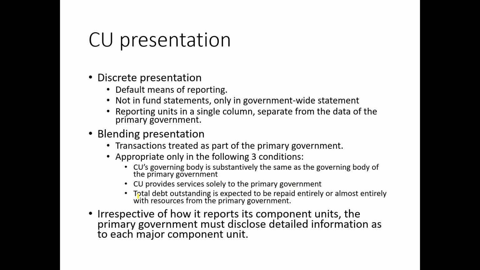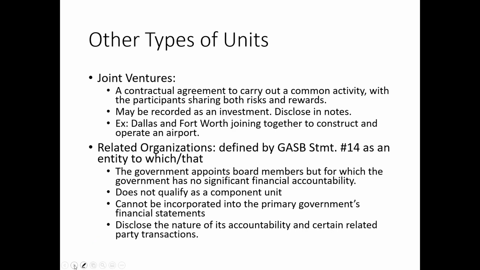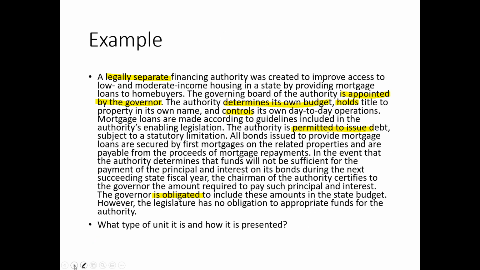Could be, but is the total debt outstanding expected to be paid entirely or almost entirely with resources from the primary government? This is false, right? In this case, it is not. Unless there's a deficit we couldn't meet at the end, then the state is going to pay for it. So obviously, this component unit will be reported separately in the discrete presentation.